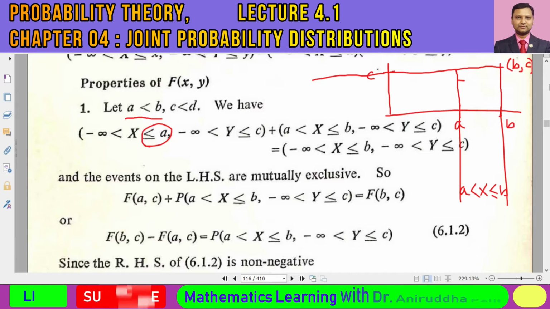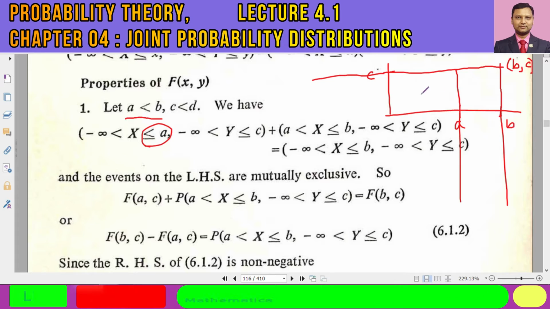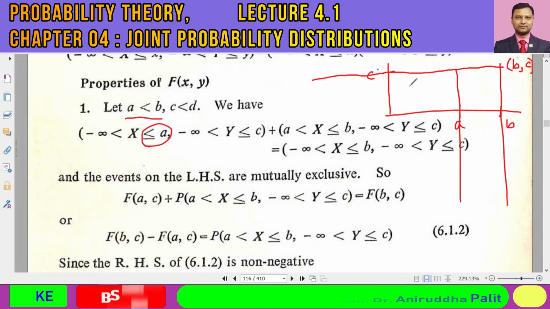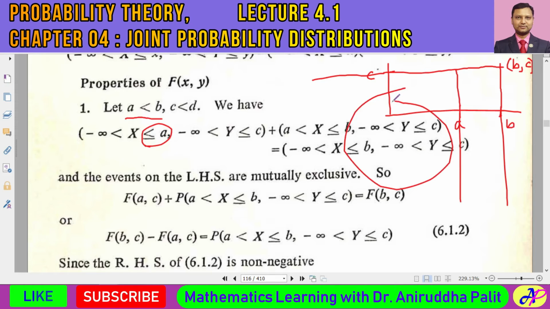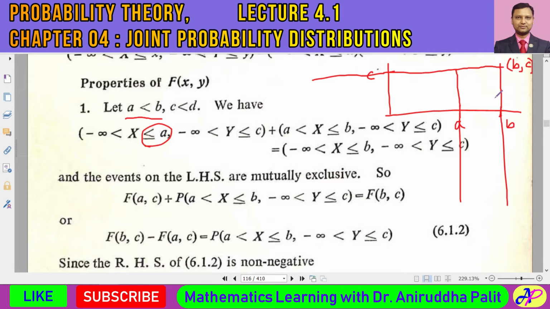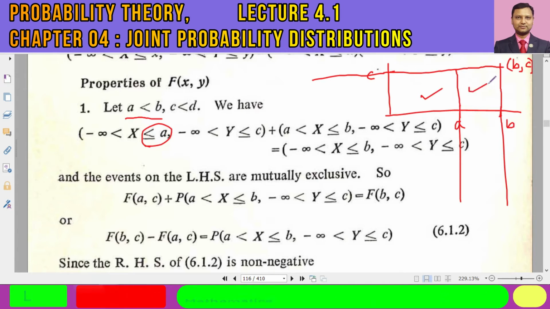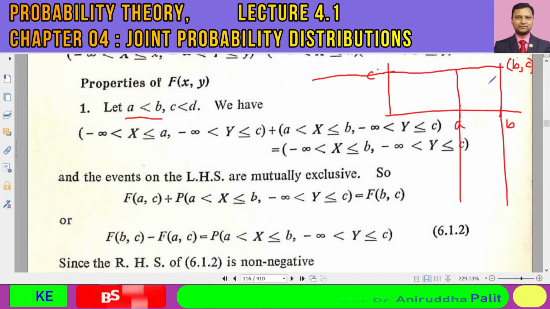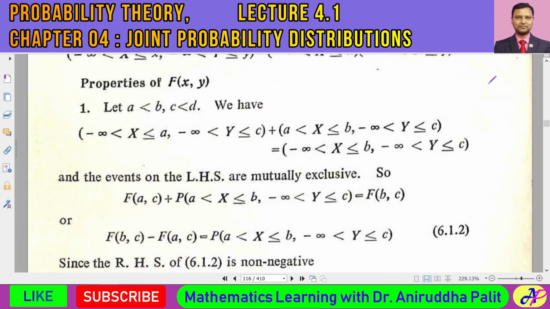So it is clear that this entire zone can be divided into two portions. This total region will designate one event, and this second region will designate the second event, and both of these are disjoint, or mutually exclusive. That's why I'm removing this picture.